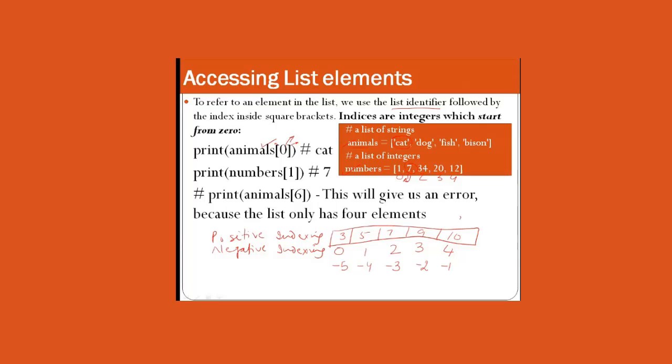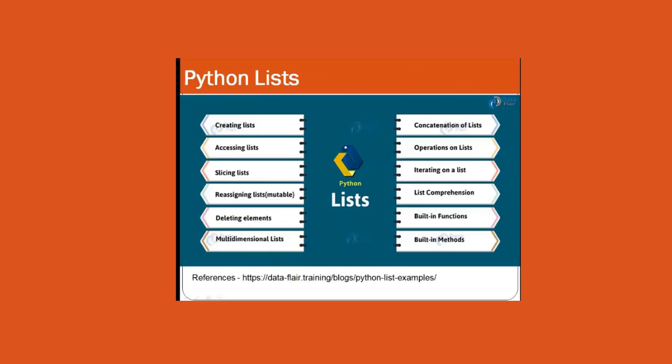If we kept the name of this list as A, then A -1 will display 10, and A -5 will display 3. So this is negative indexing.